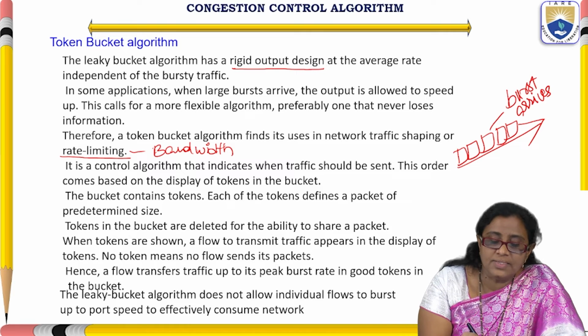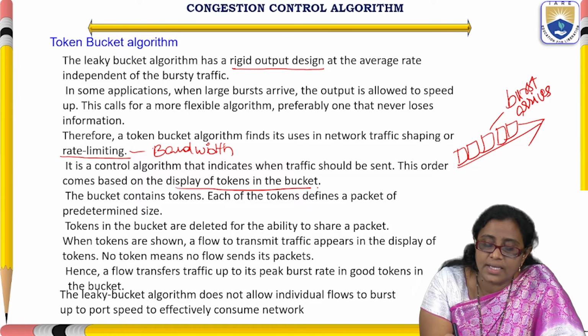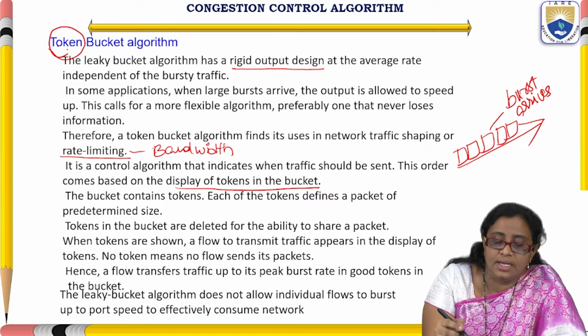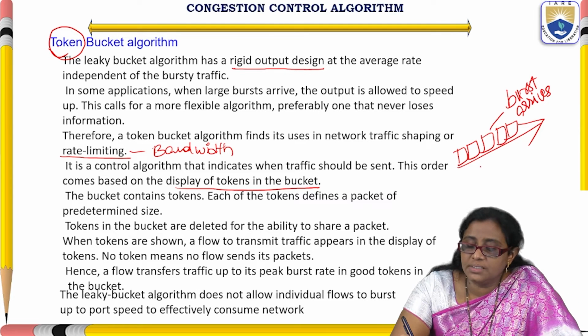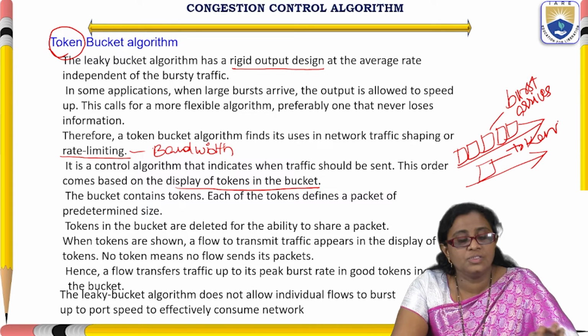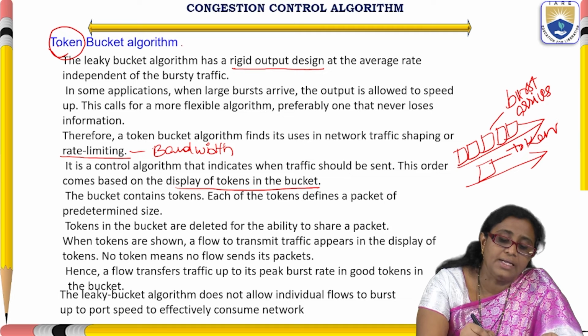This order comes based on the display of tokens in the bucket, as the name suggests. The data packets can be transmitted only by means of a token, hence the name token bucket algorithm.